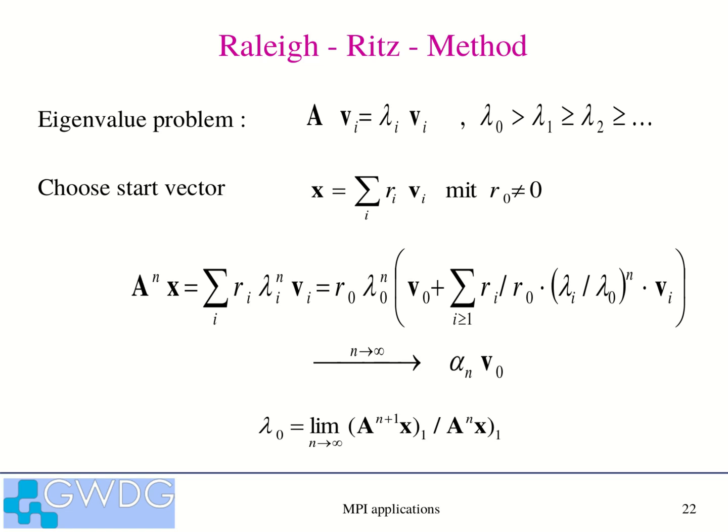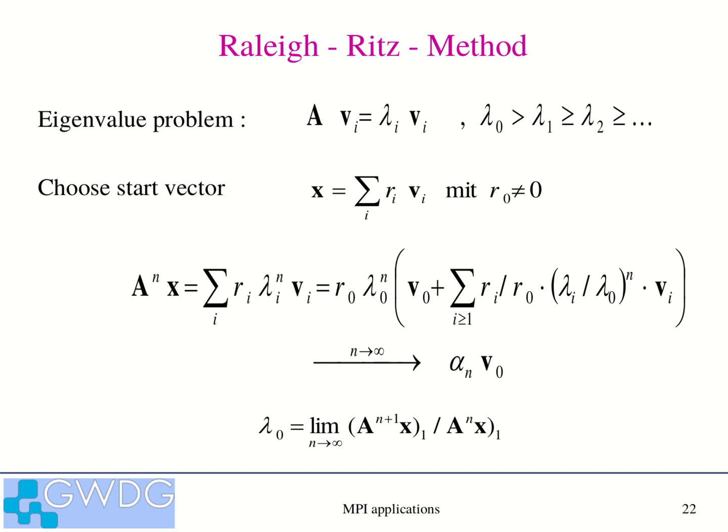This number is always smaller than 1, according to the assumption that the largest eigenvalue is larger than the next largest eigenvalue, so this number to the power n will get smaller and smaller. So if n goes to infinity, you project out just the largest eigenvector.